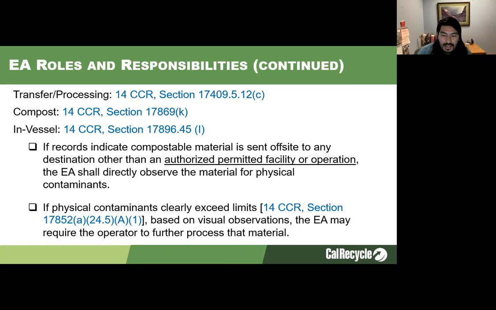And in the new recordkeeping requirements, there is language which states that facilities are required to maintain records of when material is being sent offsite for such use.